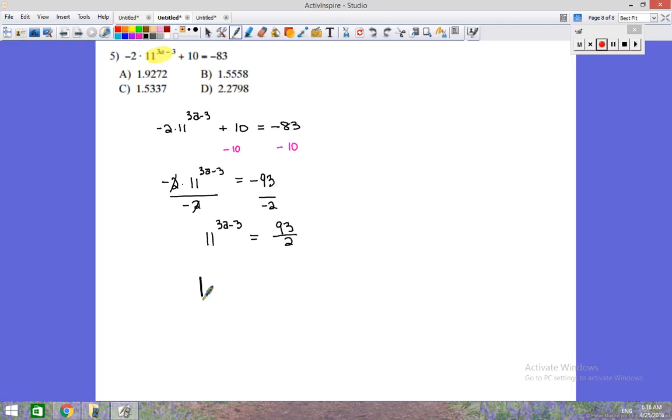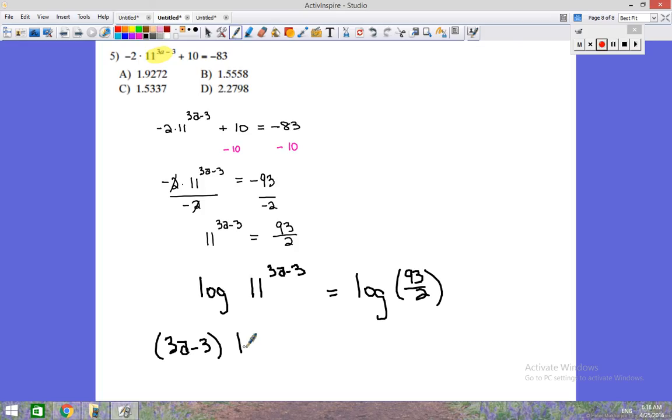We take the log of each side. That will undo our exponent. This exponent comes down as multiplication. And because I need to multiply log of 11 times that entire thing, not just my favorite term, I need parentheses around that.